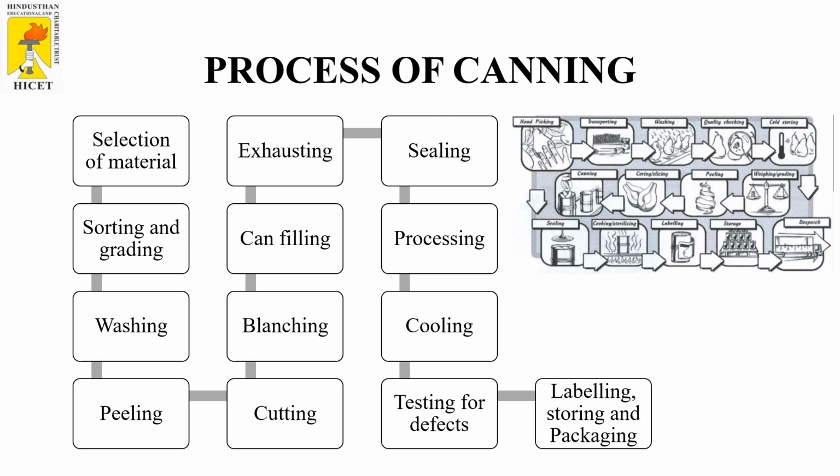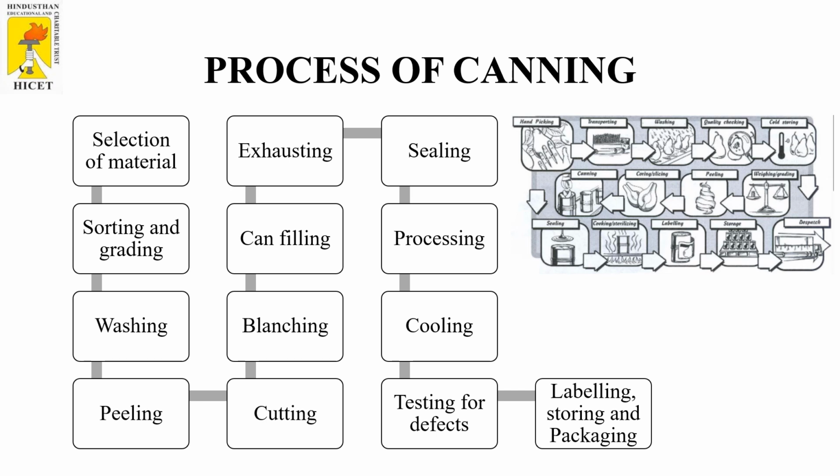Next is blanching, filling of the products into the can, then exhausting, followed by sealing. Then the heat process will be applied, followed by cooling, and the processed can will be tested for any defects, followed by labeling, storing, and packaging. So we'll see in detail about each and every process.